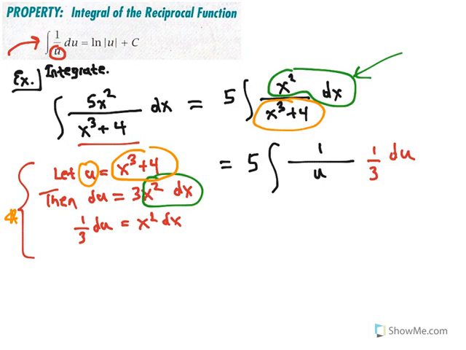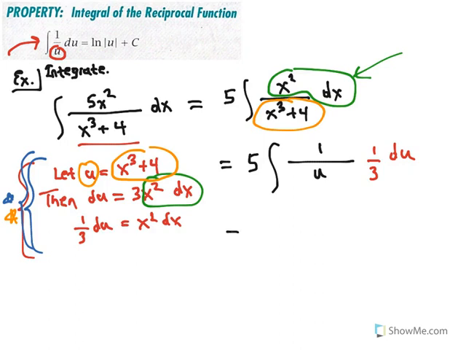So what we're doing is we're going from integration with respect to x to integration with respect to u. So everything has to be changed into u, and we're able to do that by using our integration by substitution. So using this substitution, we are now changing variables, and we're almost done.